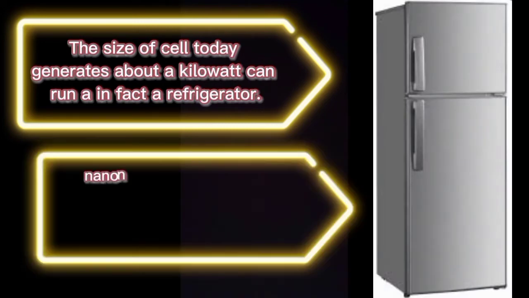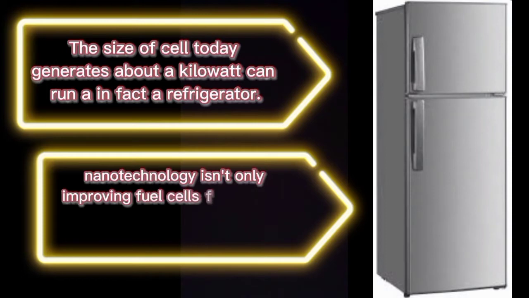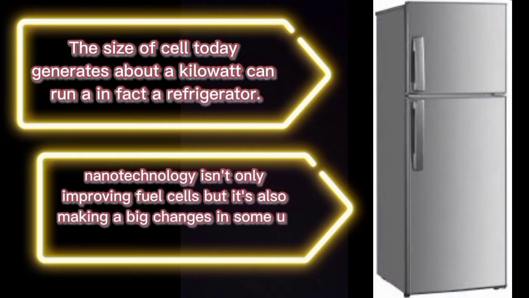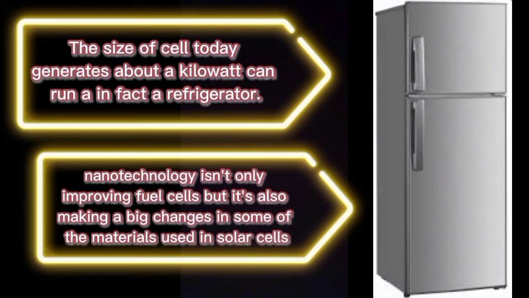Now, the size of cell today generates about a kilowatt and can in fact run a refrigerator. Now, nanotechnology is not only improving fuel cells, but it's also making big changes in some of the materials used in solar cells.